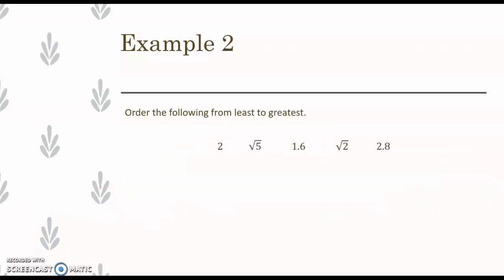All right, so now we are ordering them from least to greatest, and I'm telling you, make everything a square root. So 2 is equal to the square root of 4. I'm going to go over here and do 1.6 times 1.6, so I get 36, then 16, which gives 256. Two decimals, so 2.56, so this is going to be the square root of 2.56.